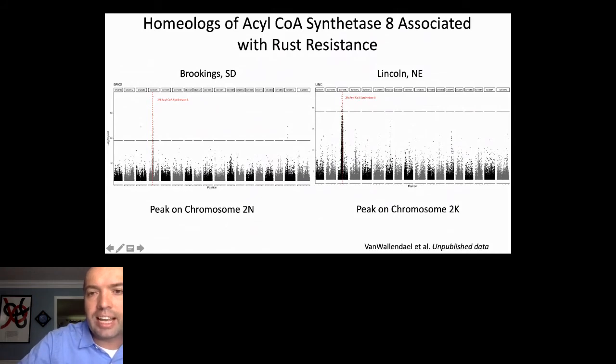But actually, in this case, we have the same type of gene, this Acyl-CoA synthase 8 type gene, showing up at both of those field sites as being highly associated with rust resistance. And so I could show you plots of all of these different field sites, but needless to say, it's complex. There's different loci, some of which consistently show up across a lot of field sites as being important, and some which blink in and out depending on what field site you're located at.